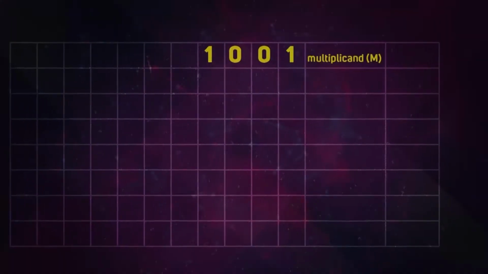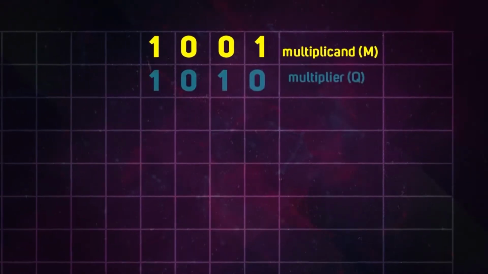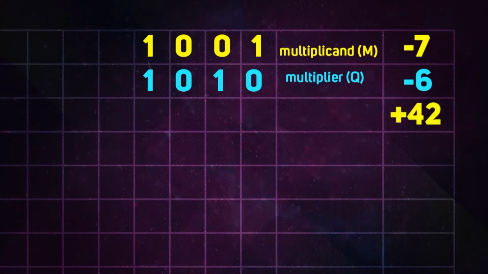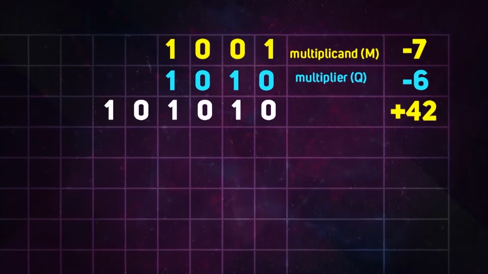But signed multiplication requires special considerations for negative numbers, that is, when the numbers are represented in 2's complement form. Just consider this example: two 4-bit numbers represented in 2's complement form, 1001 into 1010, that is minus 7 into minus 6. So, we expect the result positive 42, that is 101010.